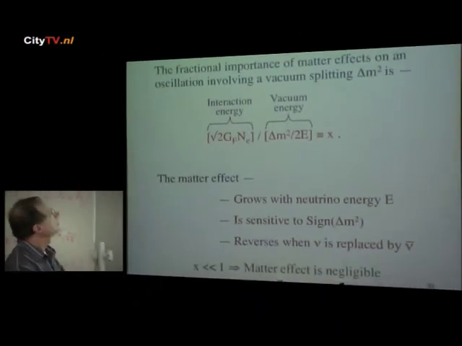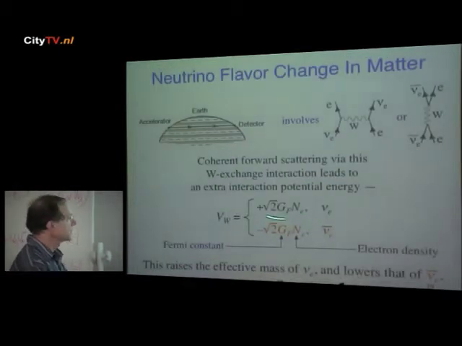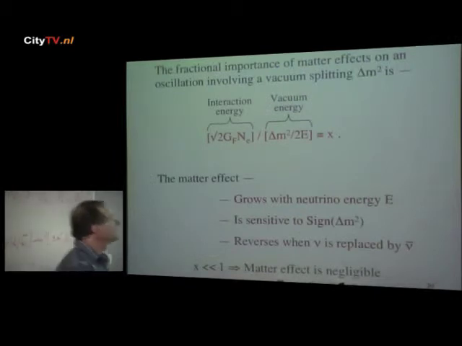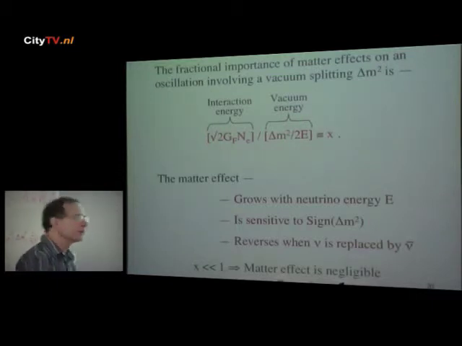The fractional importance of that matter effect on oscillation involving a vacuum splitting delta m squared can be gauged by this parameter that I'll call x. This is the interaction energy again, there it is. And the thing with which that has to compete is the vacuum energy splitting that governs the oscillatory behavior of oscillation.